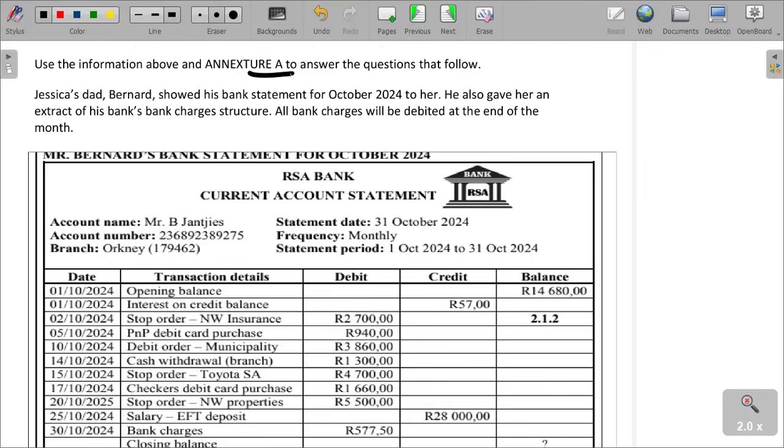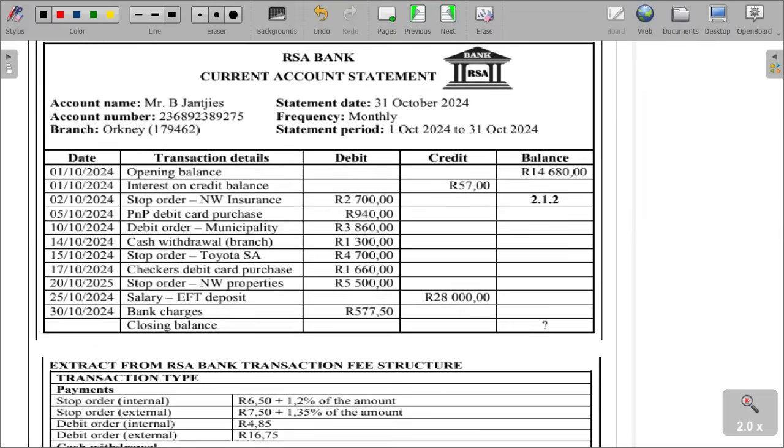So Bernard showed his bank statement for October 2024, and he also gave here an extract of his bank charges structure. All bank charges will be debited at the end of the month. So this is Mr. Bernard's bank statement for October 2024. That is the bank statement.